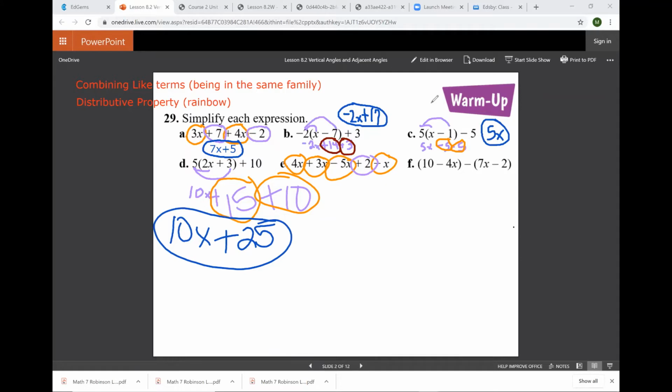So 4 plus 3 is 7, and 7 minus 5 is positive 2, and positive 2 minus 1 is 1. So I'm left with just x plus 2.